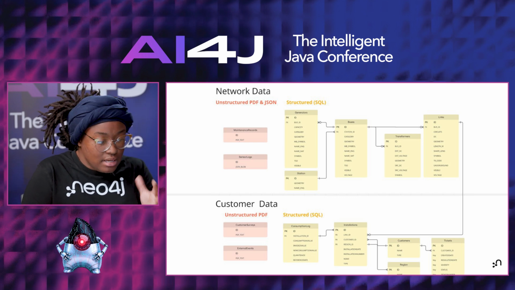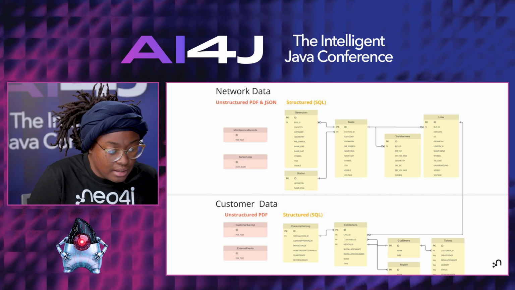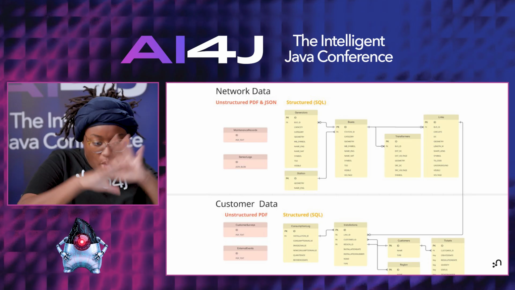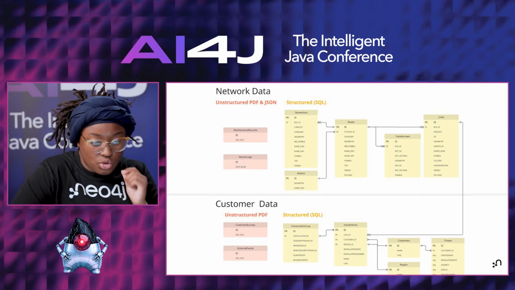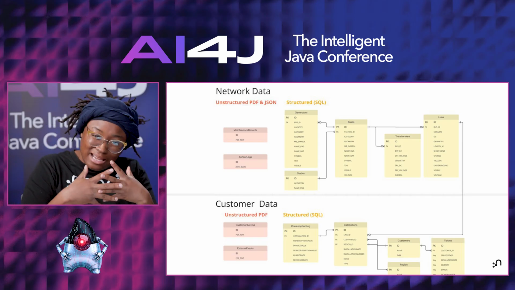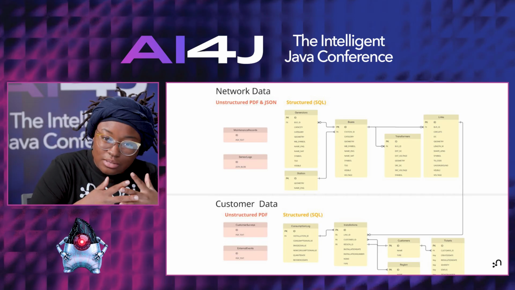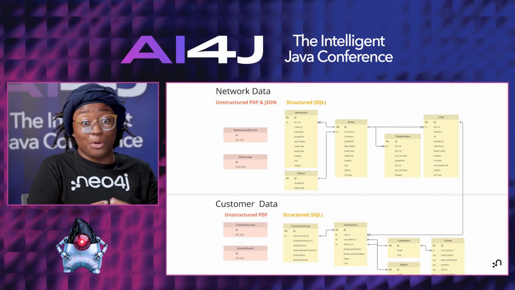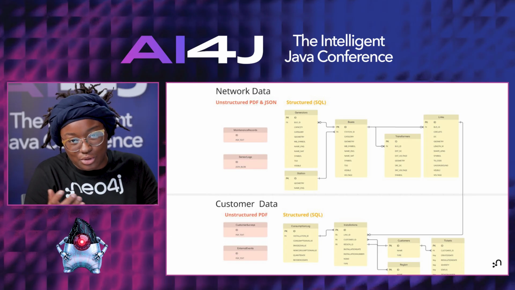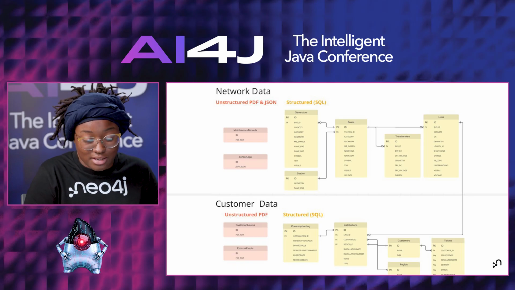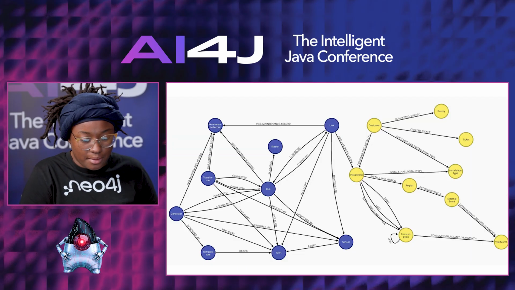In this example, we have a whole bunch of network data, and we're trying to figure out how generators, buses, transformers, and links are all connected. But it's kind of hard to do those connections. And of course, those arrows that you see here don't exist in a SQL table. You'll have to actually do your joins in order to see what those relationships are.